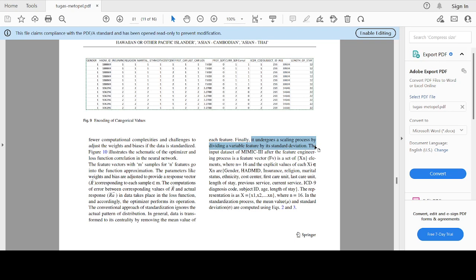Scaling is basically this: as you can see, there's one and there's like 10,000 here. If the machine is trained on this data with some algorithms, it will create a huge gap between this predictor and this predictor.